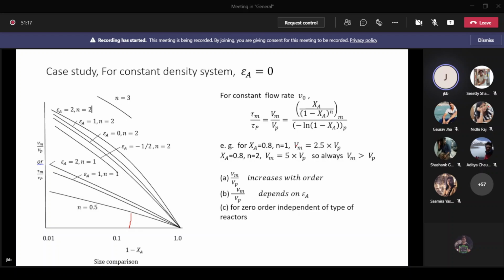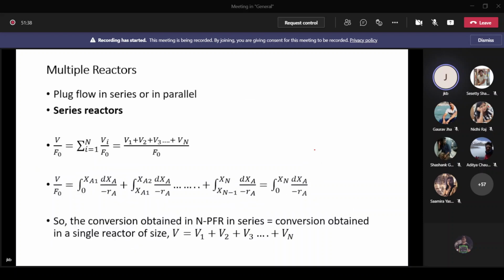So we can take one plug flow reactor of 10 liter, otherwise we can take 2 mixed reactors in series, because it is taking a greater reactor volume. So we can distribute it. So plug flow reactors in series or parallel should be discussed here.